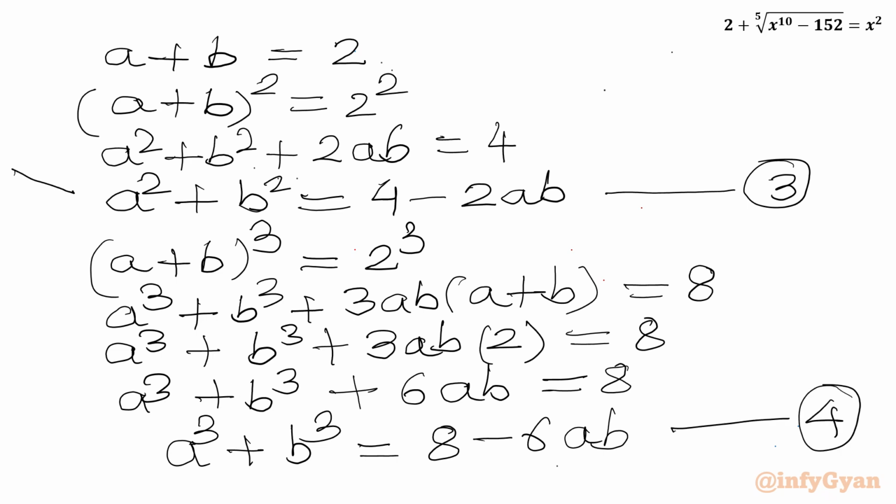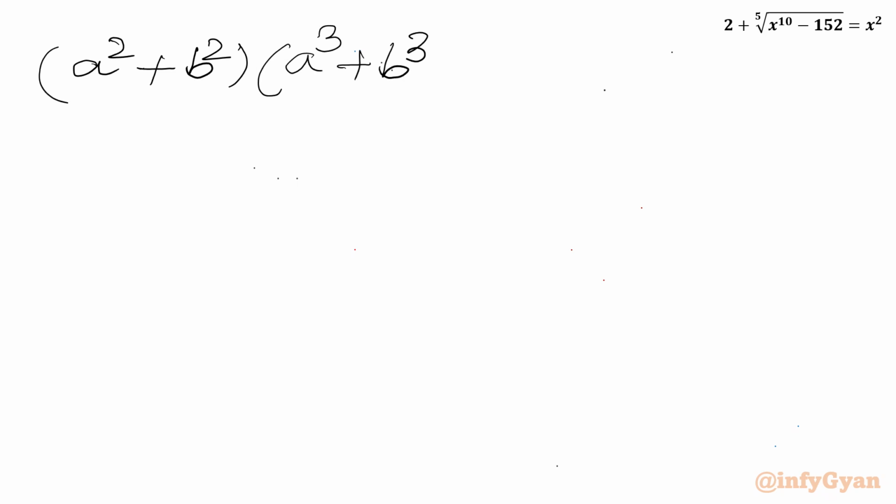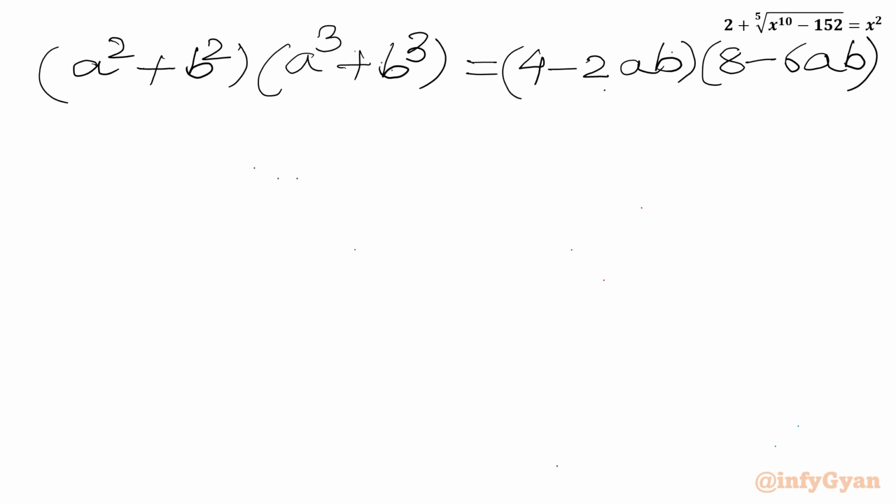Now I will multiply equation 3 and equation 4. Let's multiply. Here (a square plus b square) times (a cube plus b cube) will be equal to (4 minus 2ab) times (8 minus 6ab). Let's multiply. A square times a cube, we will write a power 5.